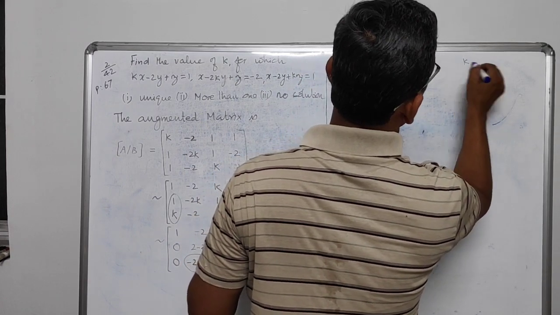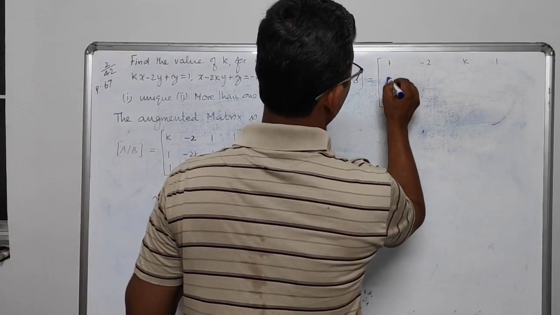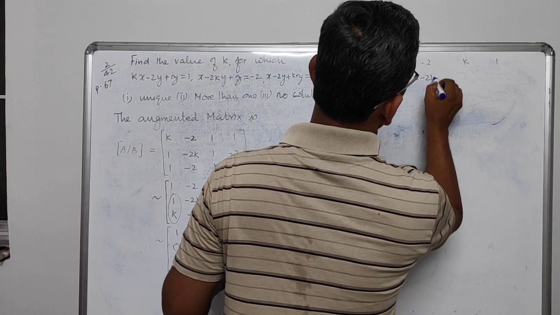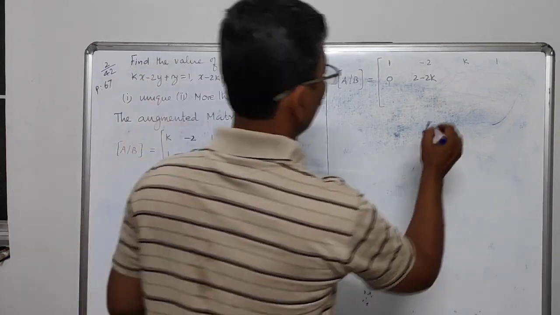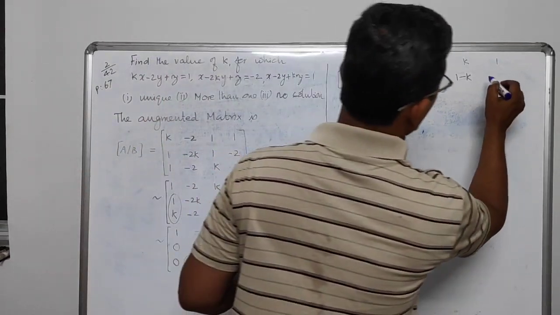The second row also as such, 0, 2 minus 2k, 2 minus 2k. The third row will be 1, minus k, third element, then the fourth element is minus 3.